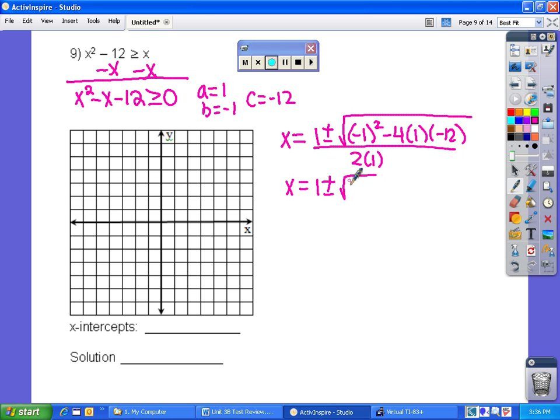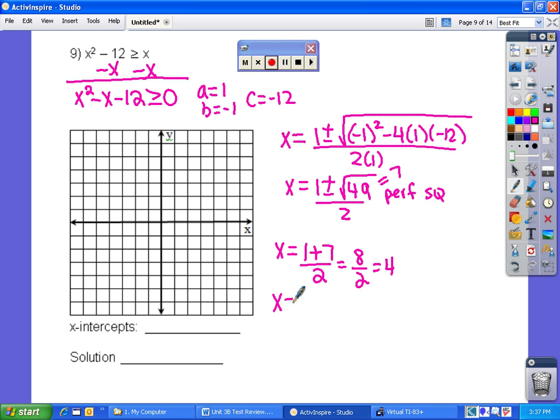Once you work this out, you get 49. 49 is a perfect square, so that actually equals 7. So when you split it up, it's 1 plus 7 over 2, and 1 minus 7 over 2. So those are your two intercepts: x equals 4 and x equals negative 3.